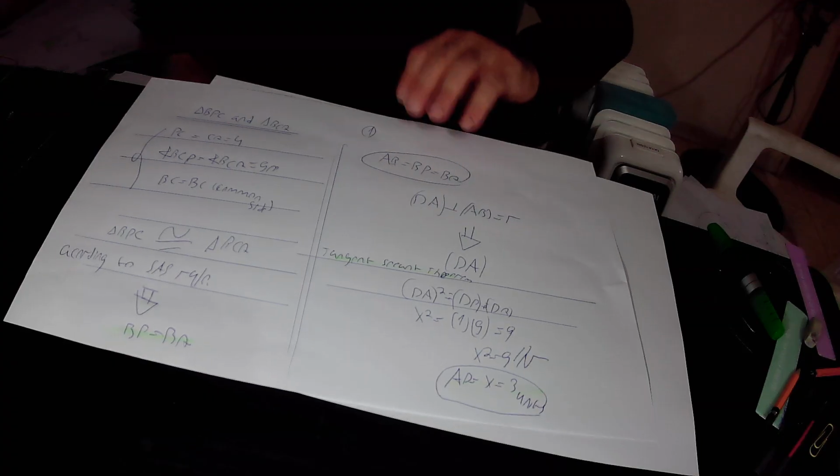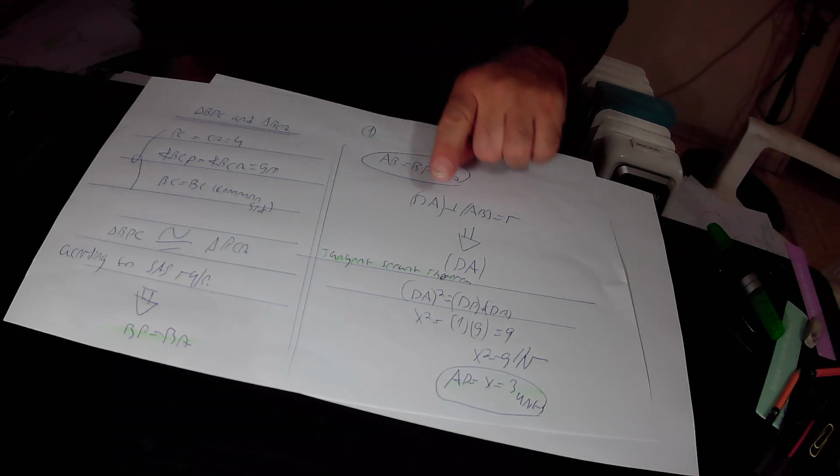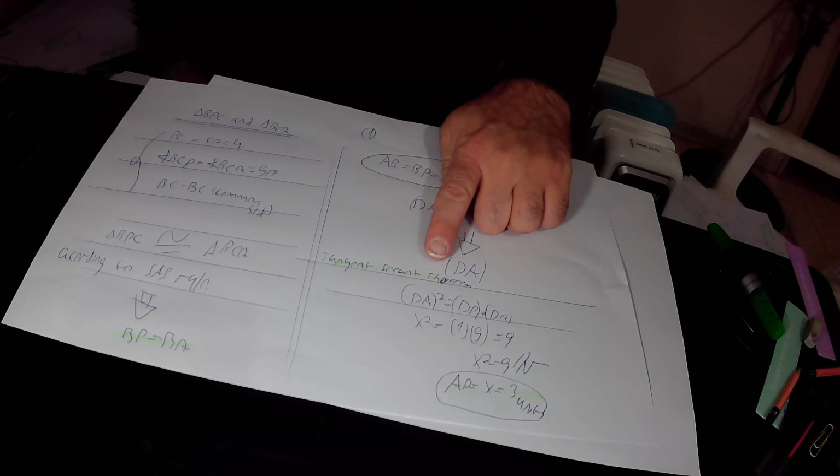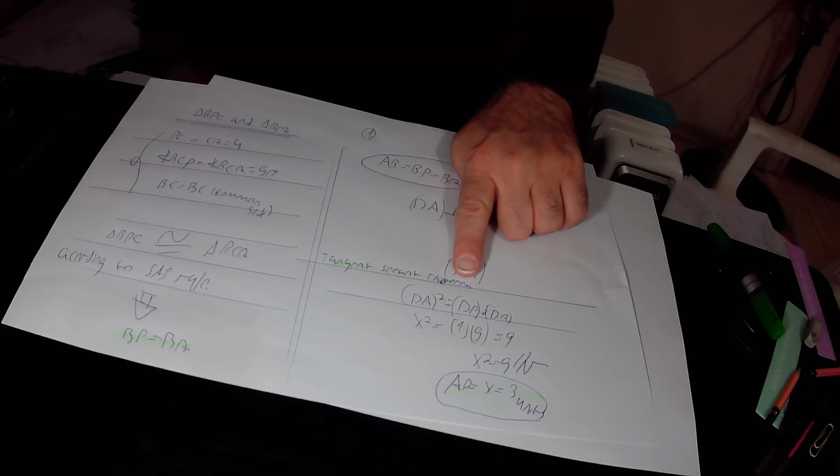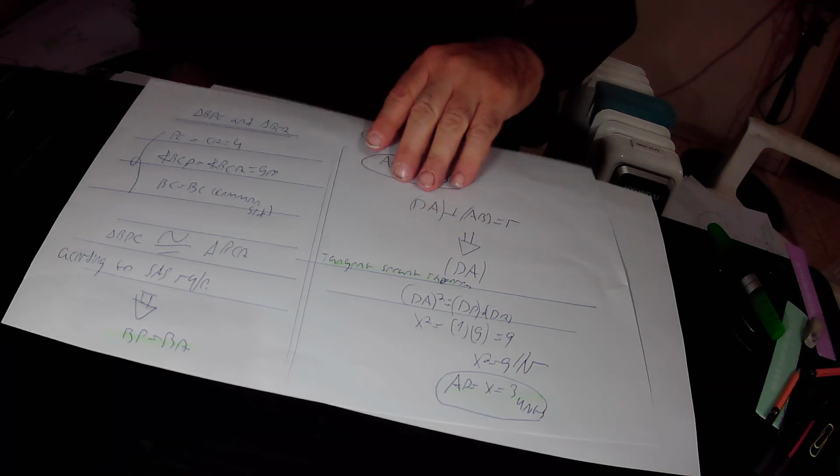So again, according to the tangent secant theorem, DA squared, the length of the tangent squared, equals the product of the external part of the secant, that is DP, times the length of the secant in total, that is DQ. So DA squared equals DP times DQ.